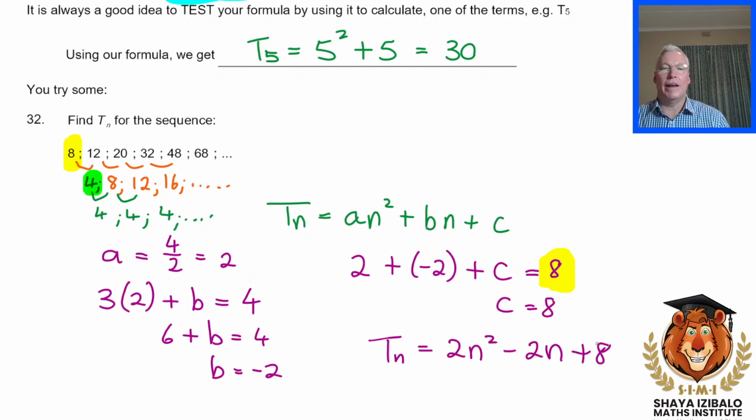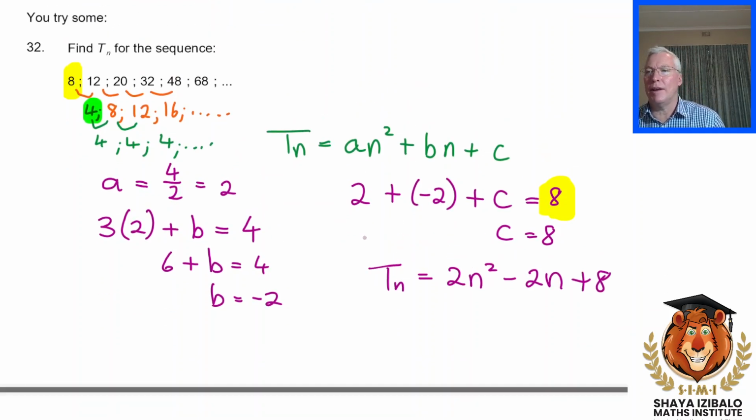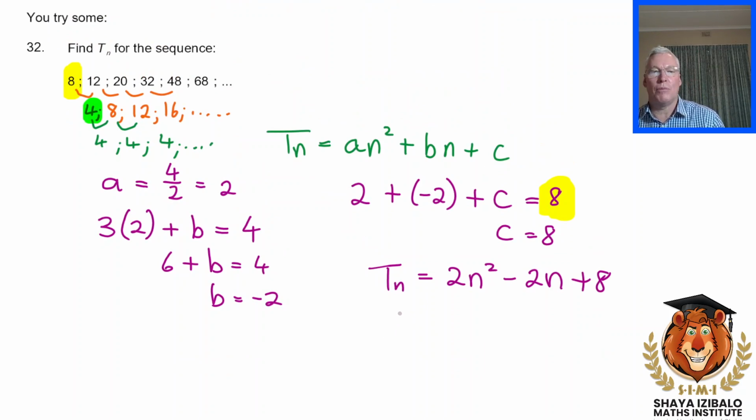Okay, the last thing I like to do, just to sort of test ourselves, is I test a number in here. So let's test if, for example, we went with T3. According to our formula, T3 would be 2 lots of 3 squared. Now, careful, that's not 6 squared. We square the 3 first, all right?